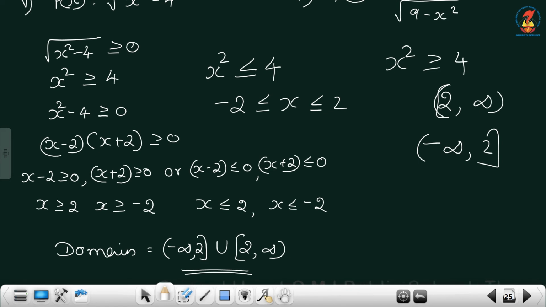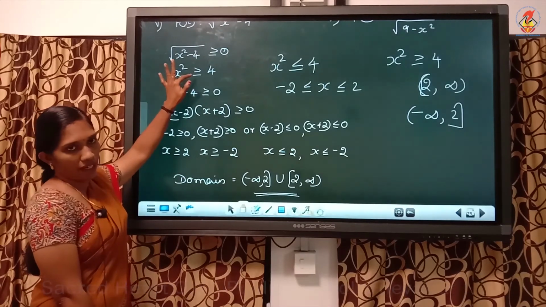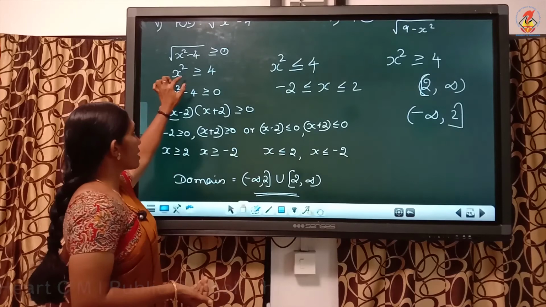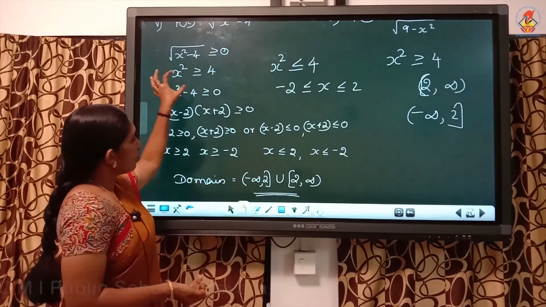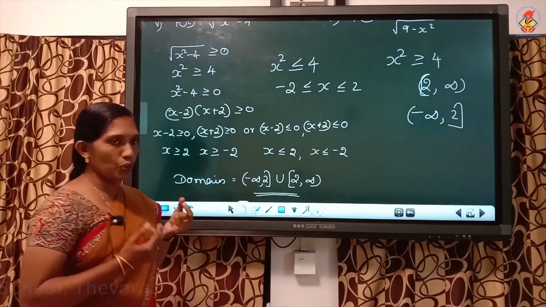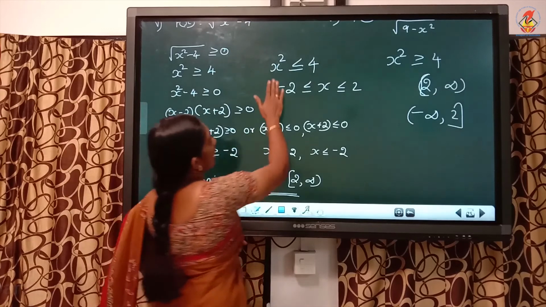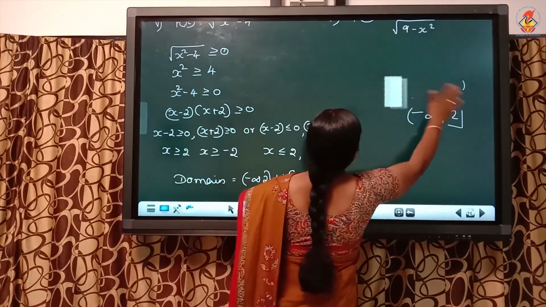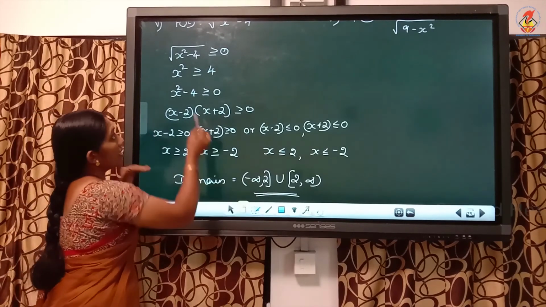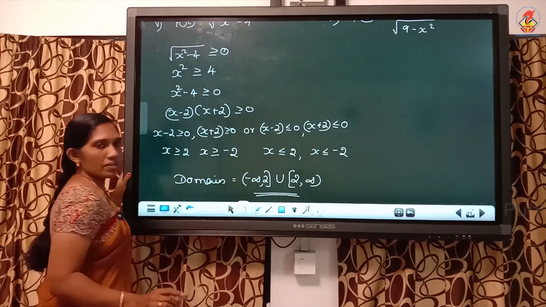When x value is 2 or more than that, this condition satisfies. When x value is 2 or less than that, this condition satisfies. So you can write the domain as minus infinity to 2 union 2 to infinity. Okay. Now, what about the range? Those who can directly write this, after this step you can directly write this. No need of all these steps. Okay.